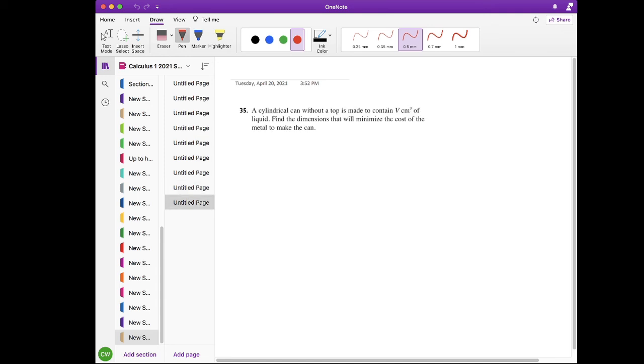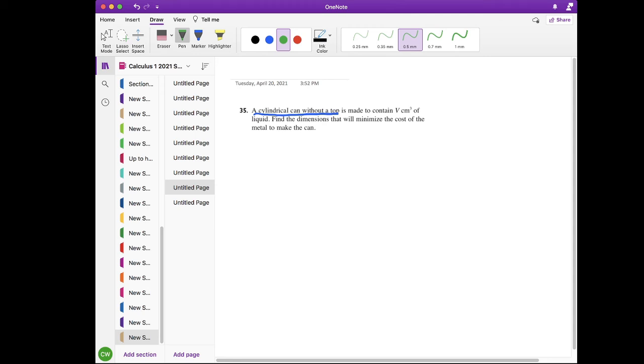I want to do this one first. Okay, let's do a cylindrical can without a top that is made to contain some amount of liquid. So find the dimensions that will minimize the cost of the metal to make the can. Okay, so info. Cylindrical can without a top.